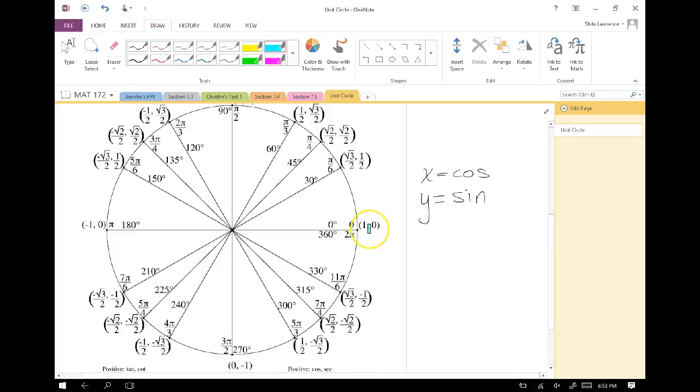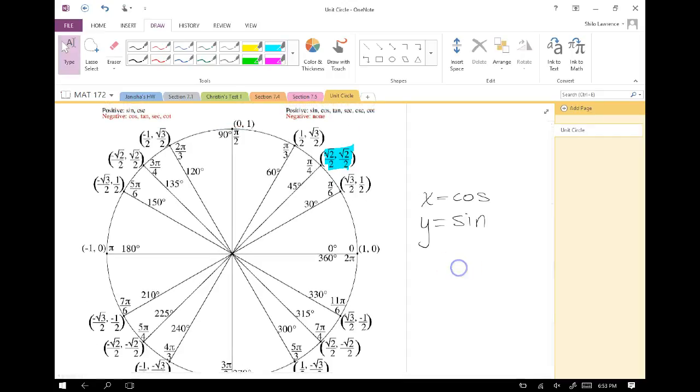So 1 and 0, those are not the same. Radical 3 over 2, 1 over 2, those are not the same. Radical 2 over 2, radical 2 over 2, those are exactly the same. Perfect. If I were to divide one of them by the other, even though it looks ugly, it's the same exact number. It's going to equal 1. This one is the same as this one. Pretty much, just flip-flopped.